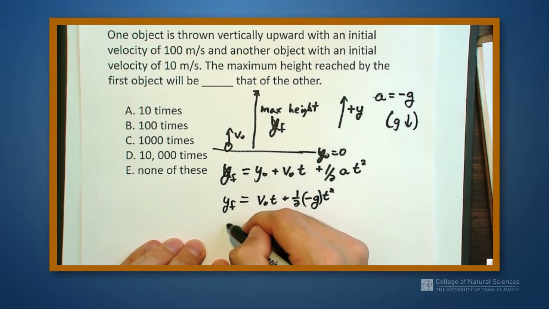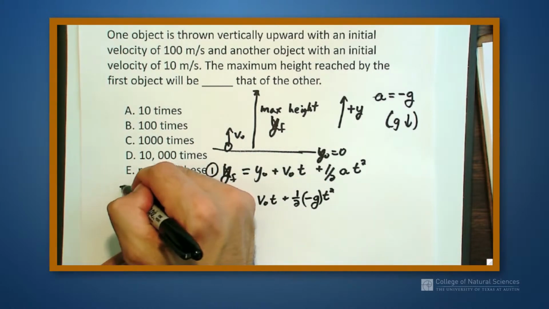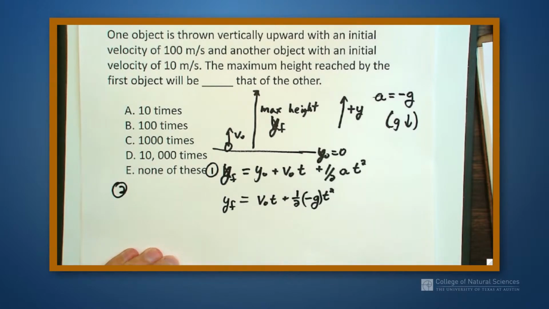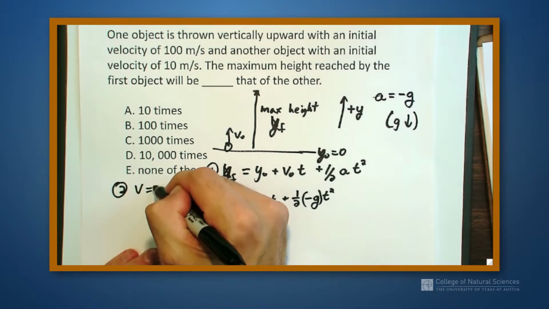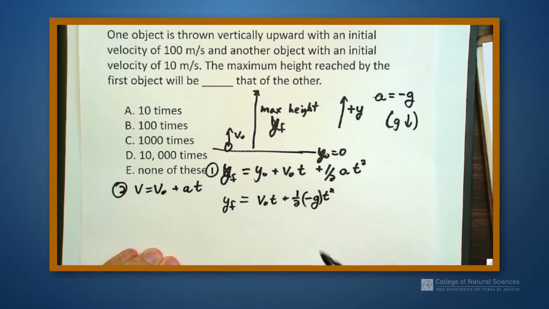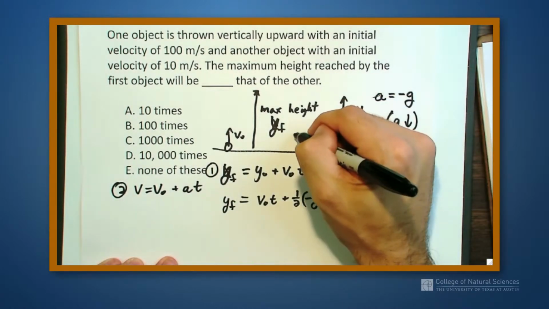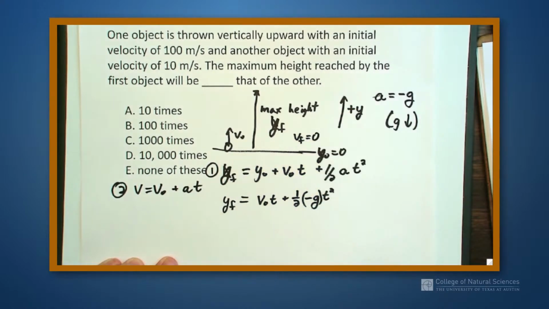So I'm going to bring in the other equation. So this was my first of the two kinematic equations. I'm going to use a second kinematic equation, and that's v is equal to v naught plus at. At the maximum height is when the final velocity is 0.